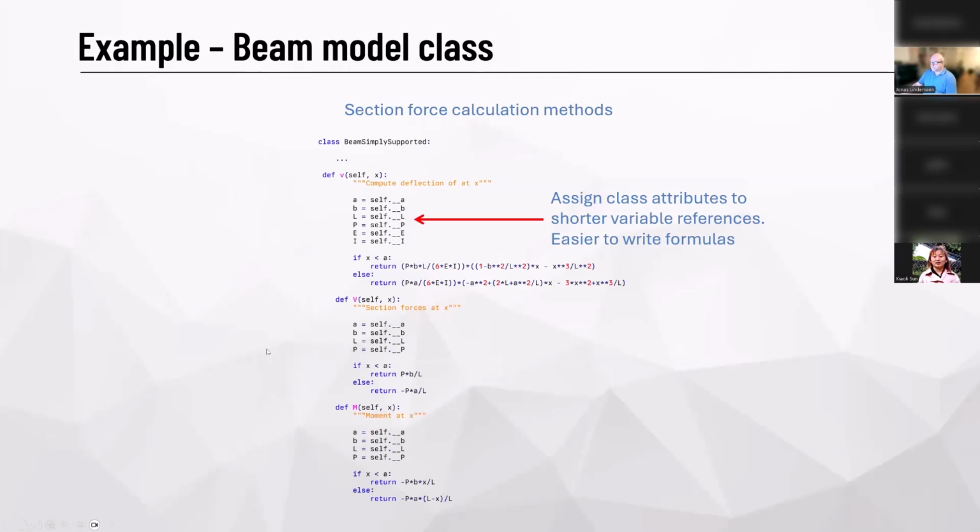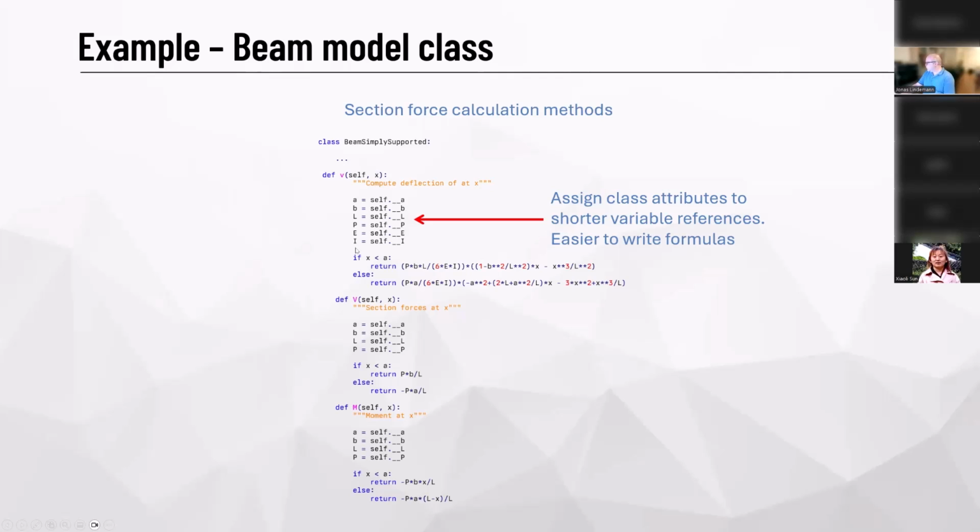And then I have my methods here for calculating the deflections and calculating the section forces and the moments. And here, just to make the formulas easier to use, I give them shorter names.